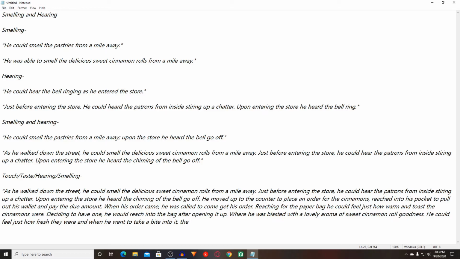The softness mixed well with the texture and the taste of the icing.